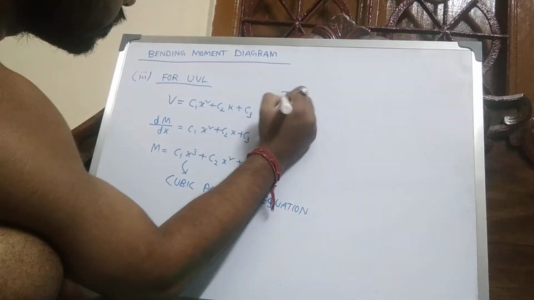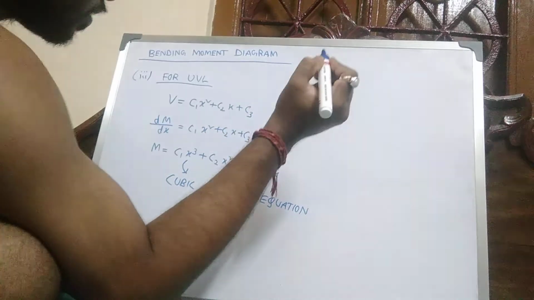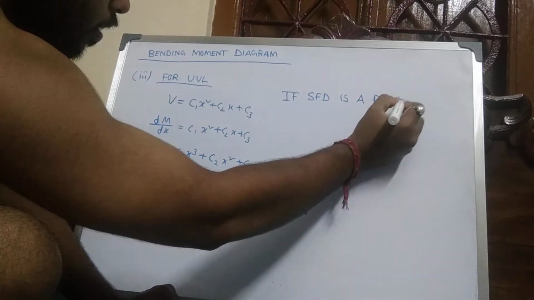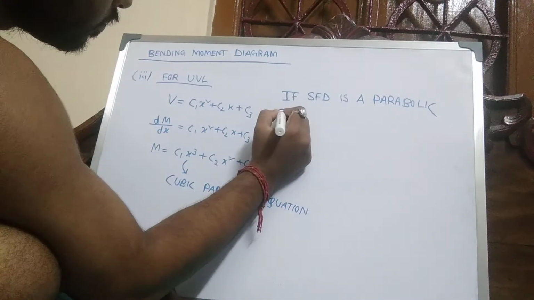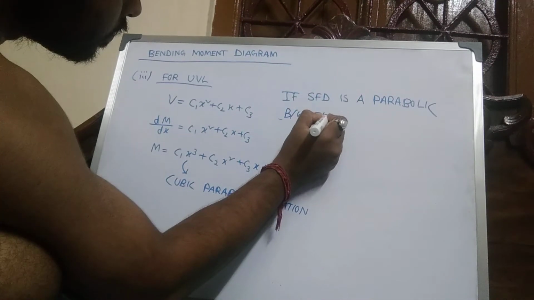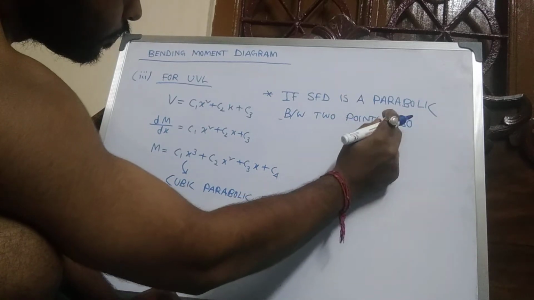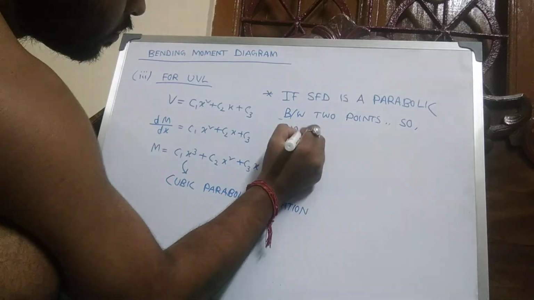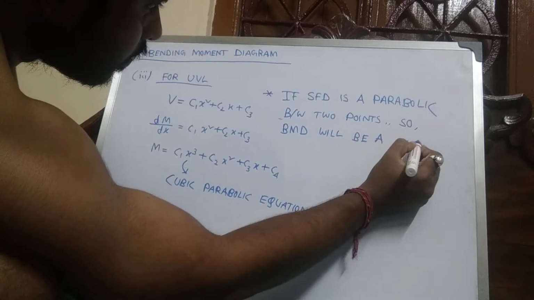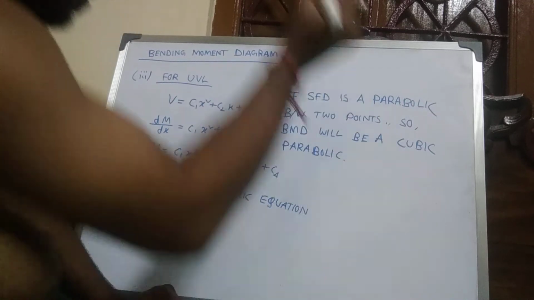So if the shear force diagram is parabolic between two points, the bending moment diagram will be cubic parabolic. Understand?